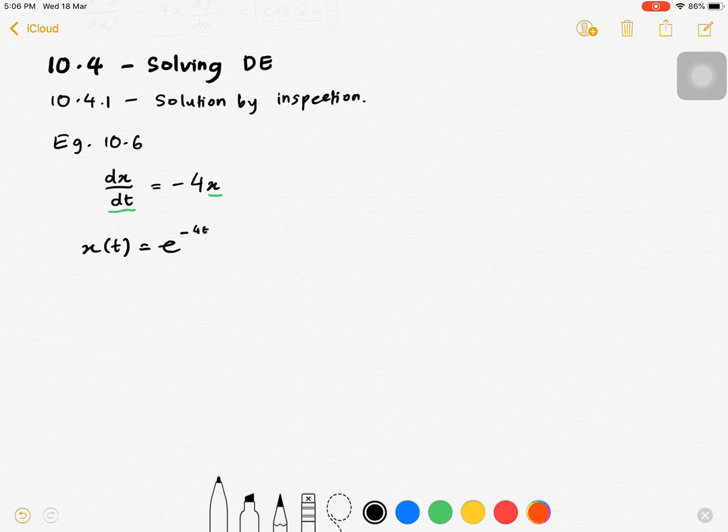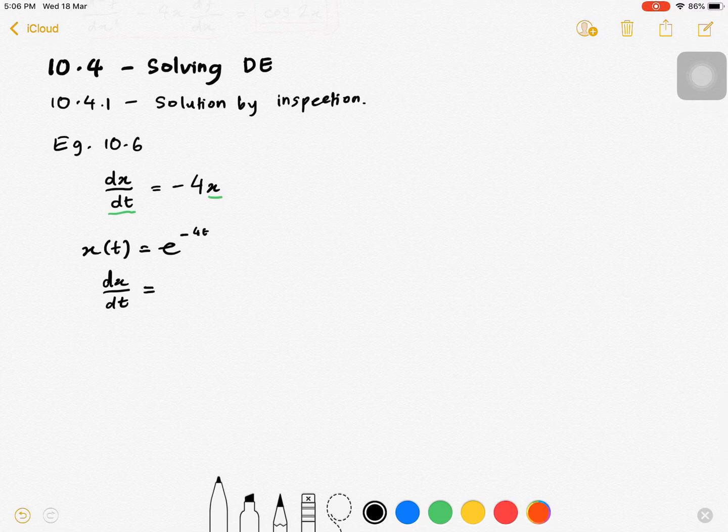When we consider this equation, we want to relate it to the equation above. When we differentiate this, the answer will be almost similar to the equation right here. When we differentiate it, the answer is negative 4e exponential negative 4t.